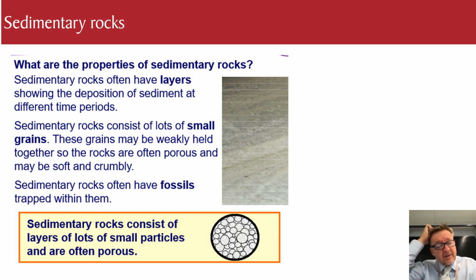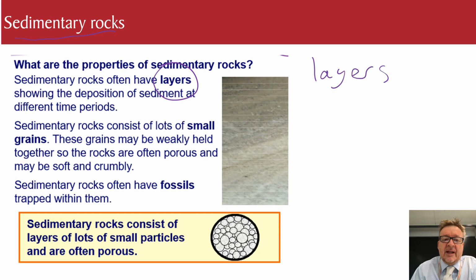Now I'm going to go through the different types of rock, starting with sedimentary rock. The properties of sedimentary rock: they are in layers, and they are made up of small grains. They're very weak, a weak version of rock, and can often be quite crumbly.